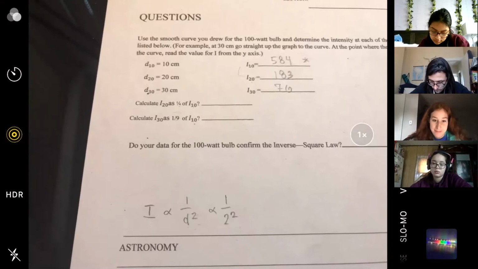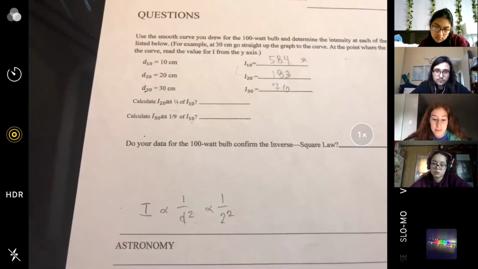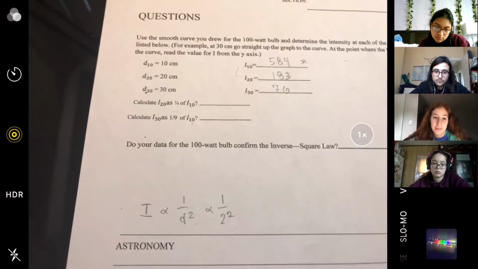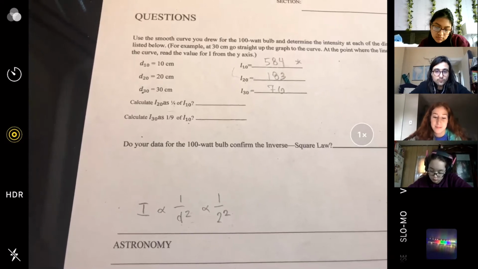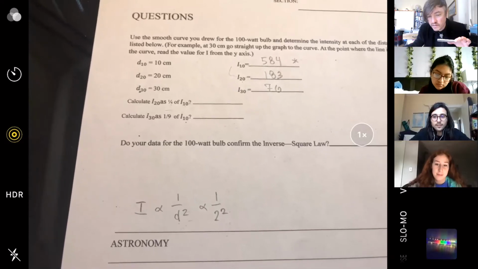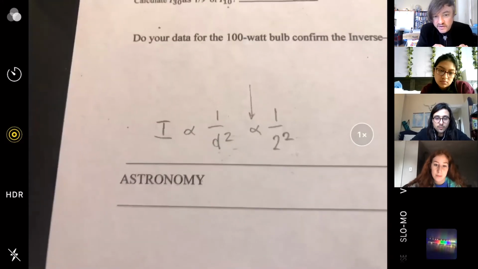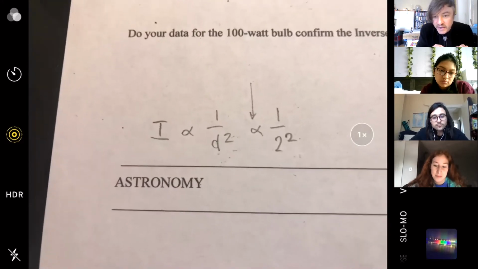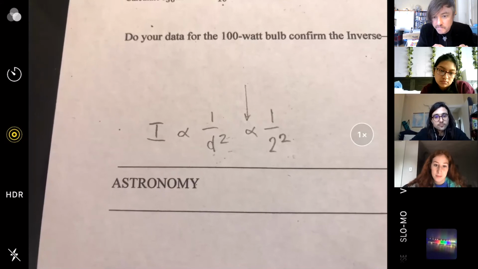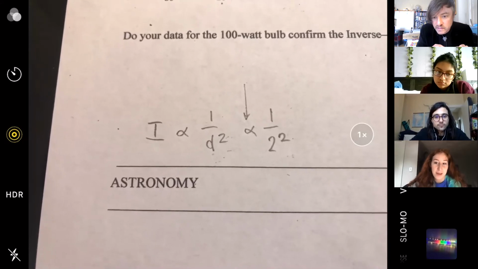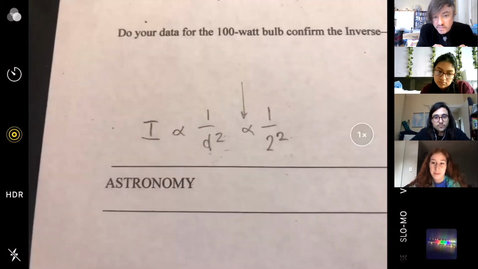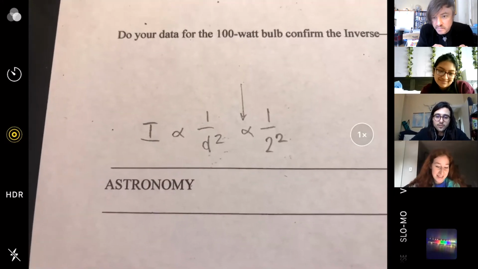Mia, by what factor will the intensity drop? What does this symbol mean? I'm going to ask you a series of simpler and simpler questions until I start getting answers. What does that symbol mean? It's proportional to?